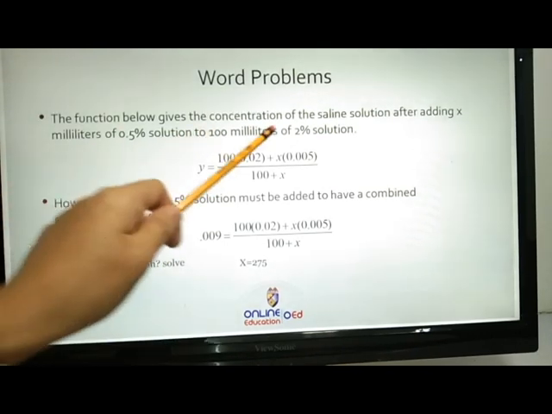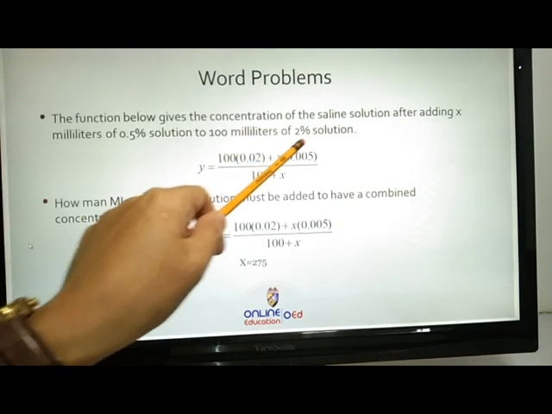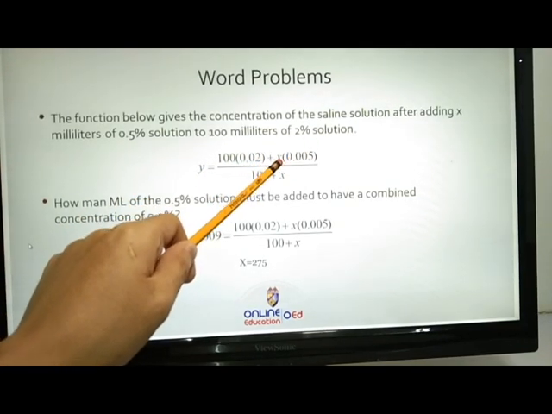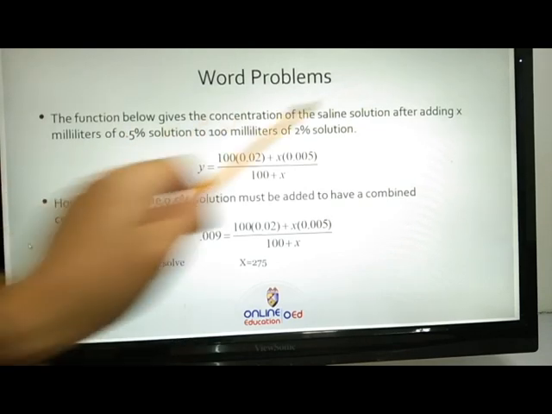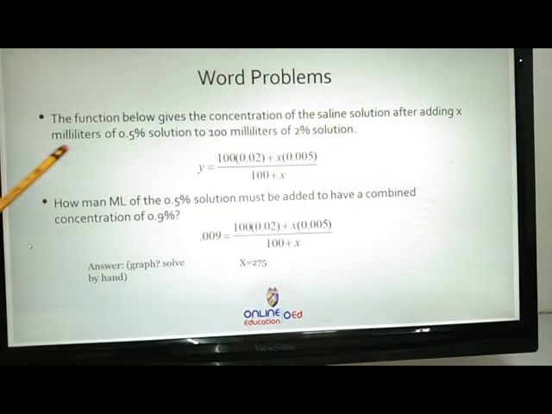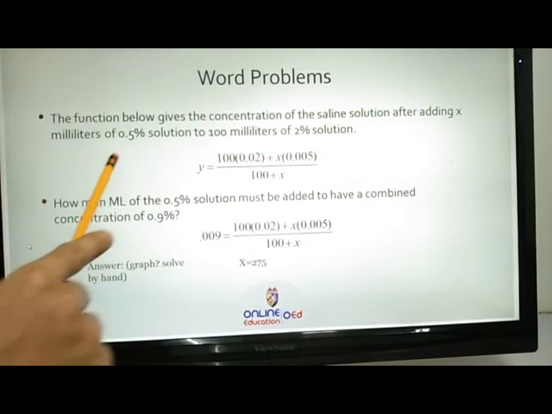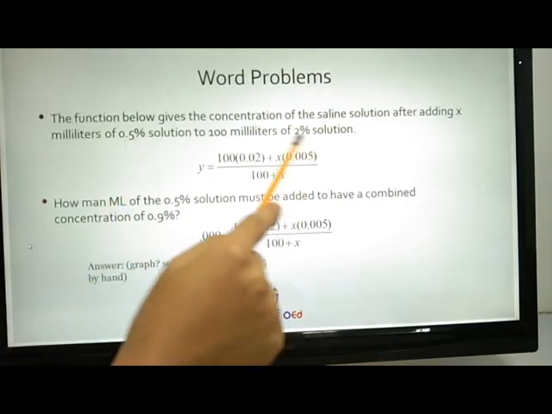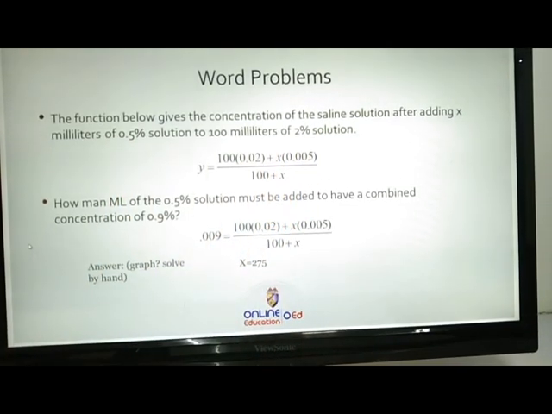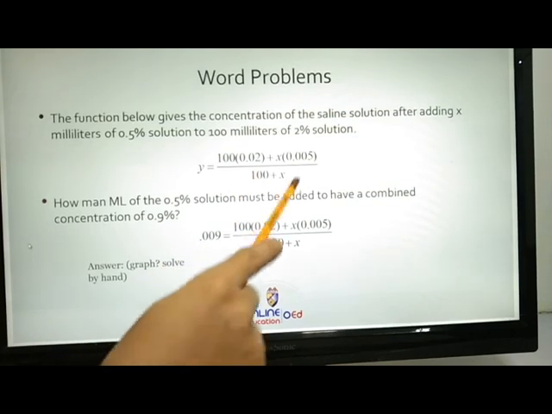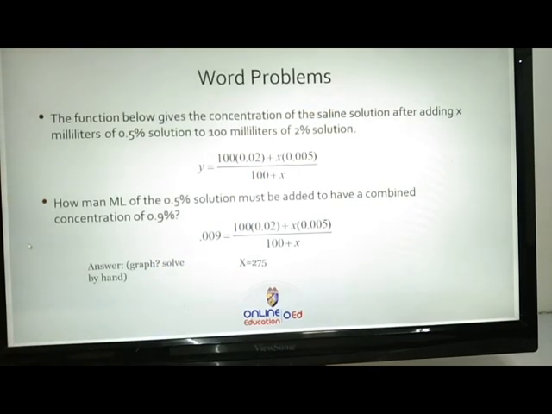So 100 milliliters times 0.02 for 2%, and x times 0.005, add x milliliters of 0.5%, over 100 plus x.